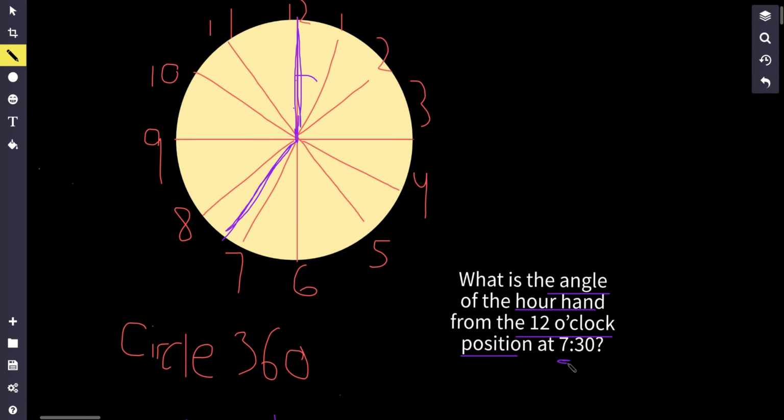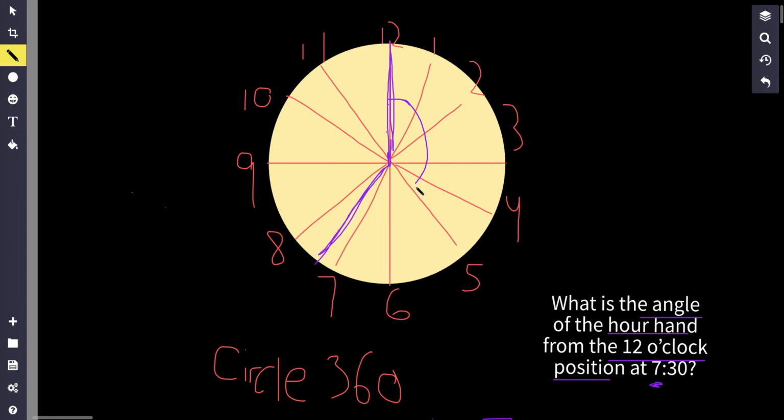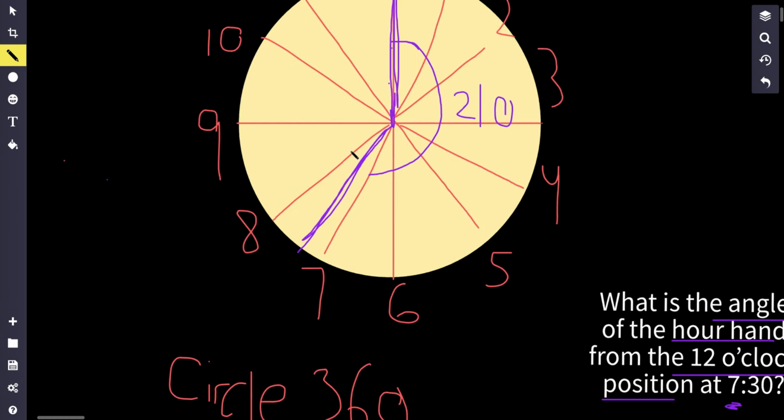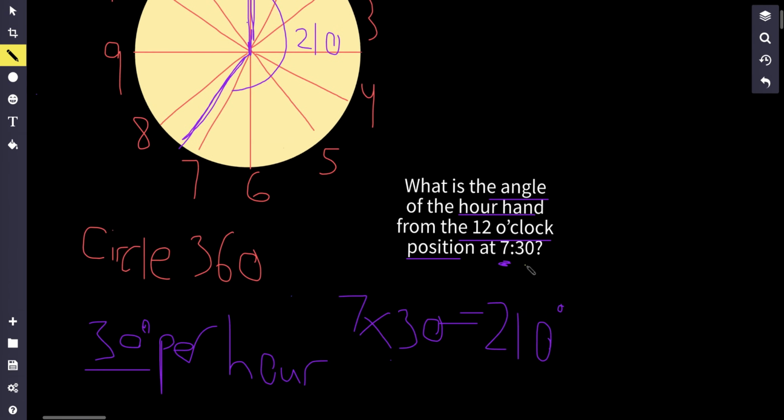So in this case, since there's 7 hours, well, 7 times 30 gives us 210 degrees, right? So far, we've calculated this big angle right over here. And we said that this is 210 degrees. But the part that makes this tricky is this 7:30 part, right? This 30, it's 30 minutes.